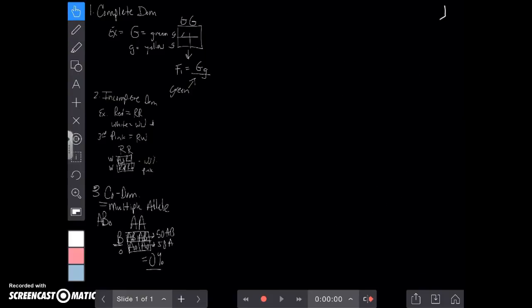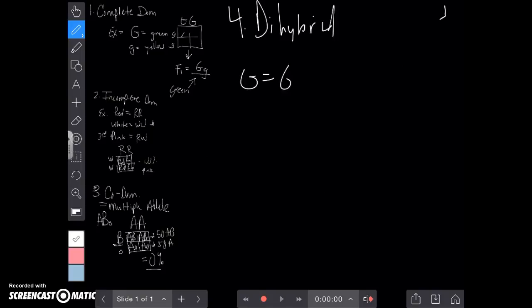The last one that we talked about yesterday, we started taking a look at two traits, which we call a dihybrid cross. So we're looking at two traits. If I go with our G's, capital G is green, lowercase g is yellow, capital R is round, lowercase r is wrinkled.